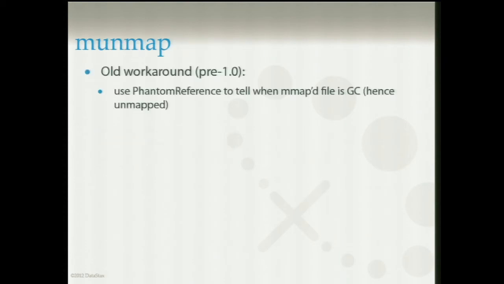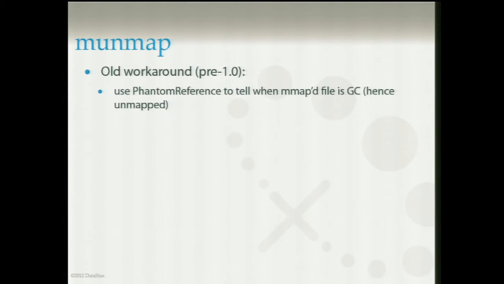So in older versions of Cassandra we would track this with a phantom reference. When the garbage collector did unmap something, we would get that notification via the phantom reference, and we'd be able to go in and delete the file.